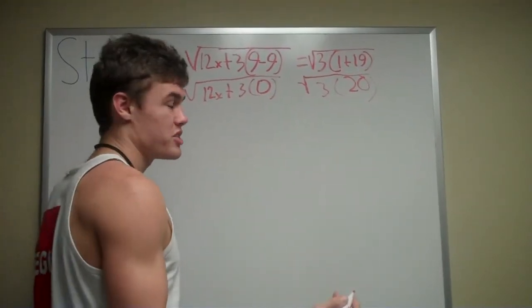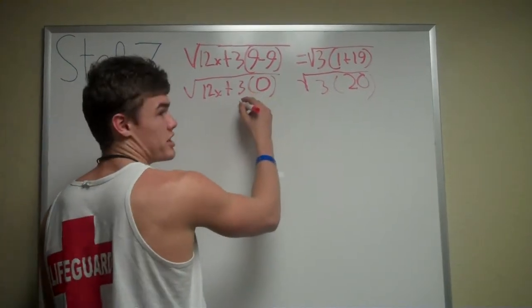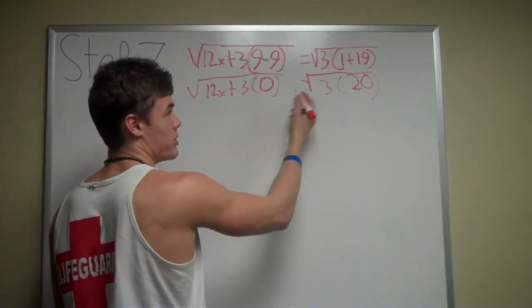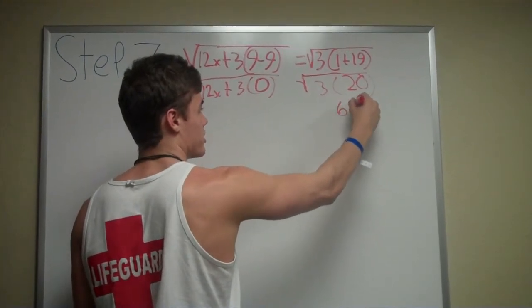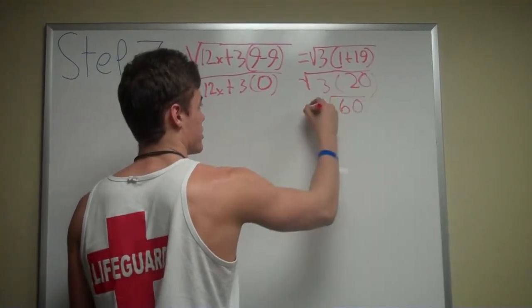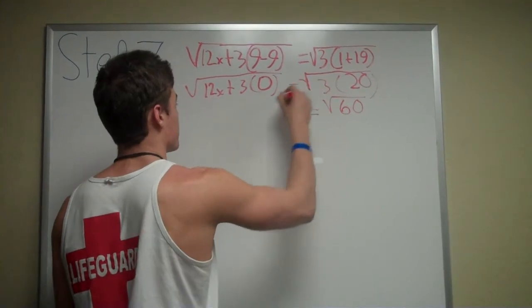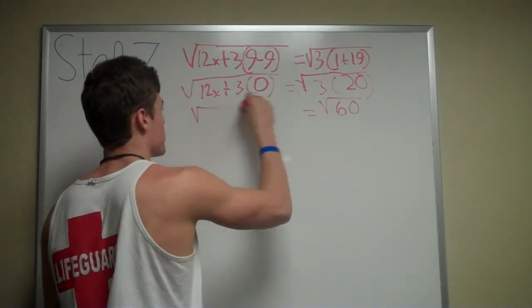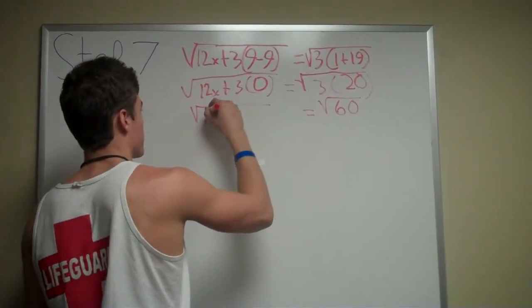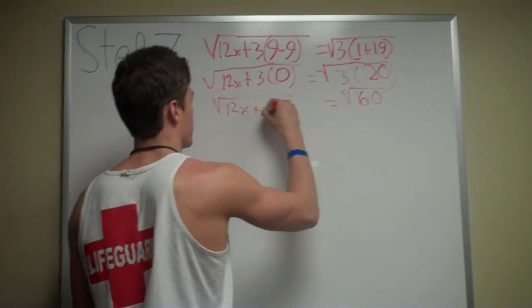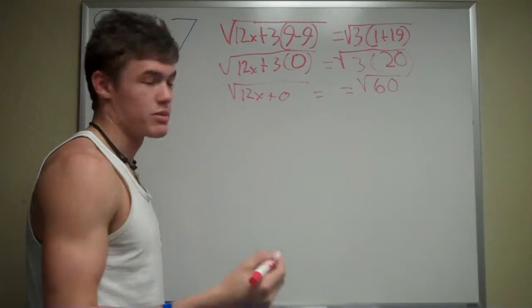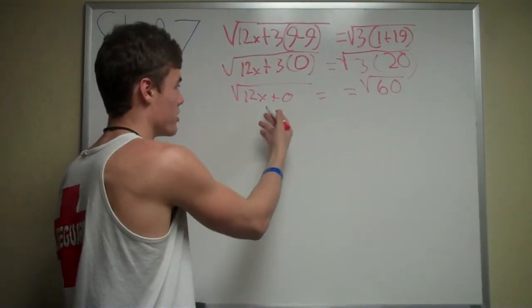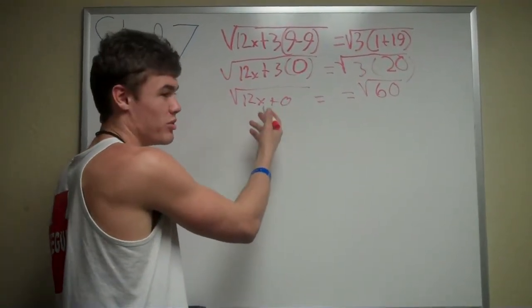Next we'll do multiplication. 3 times 0 equals 0, and 3 times 20 equals 60. Next we'll do addition. Of course, 12x plus 0 is 12x.